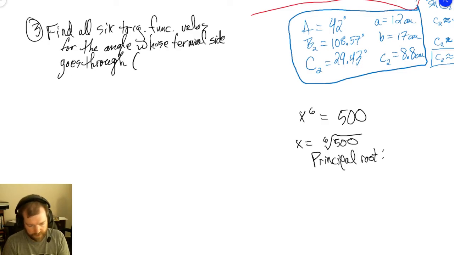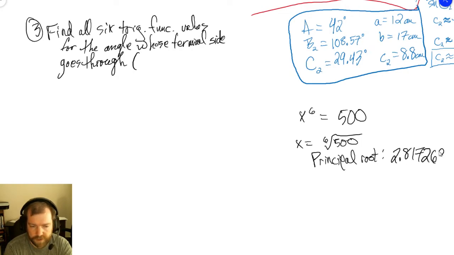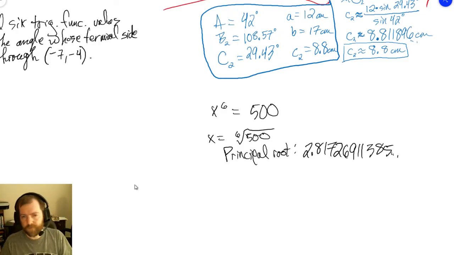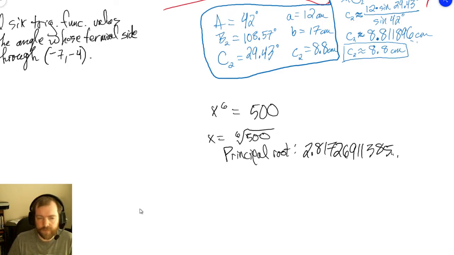This is going to be the, let's say, 500 raised to the 1/6 power is going to be 2.81726911385. So this is the principal root.